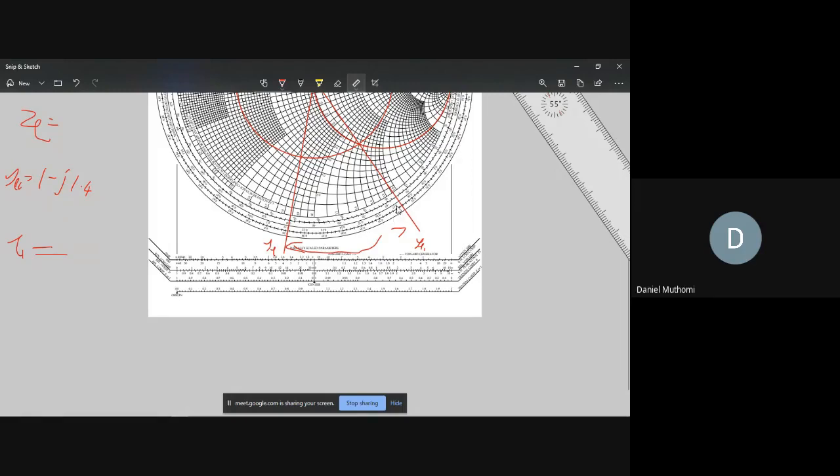So towards the generator, this is 0.326 minus 0.389 or something, and you get that.